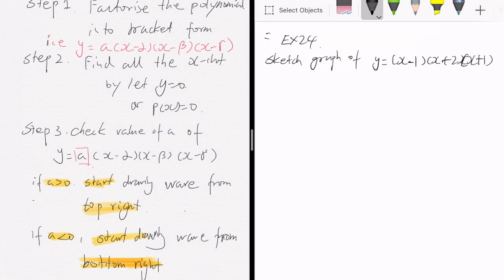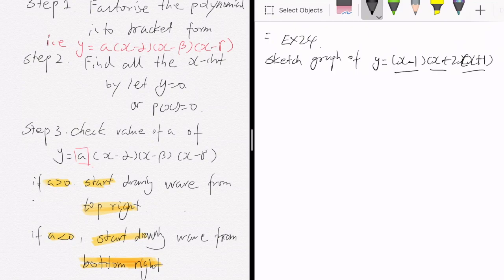All of this video is about sketching the graph of a factorized cubic function, and over here you see it's in brackets. They are already factorized in bracket form.